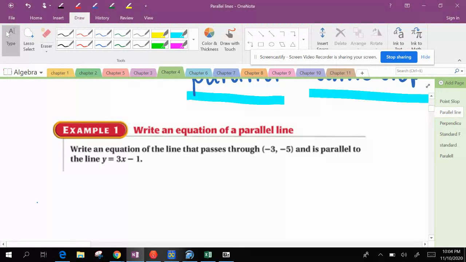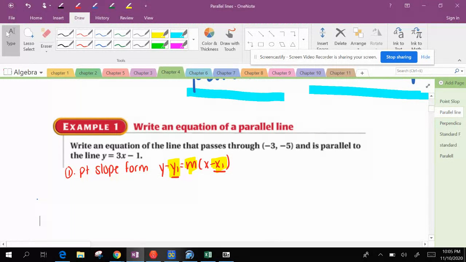So just a reminder, point slope form is y minus y1 equals m times x minus x1. If I'm just writing an equation, I need an x and y point and a slope.